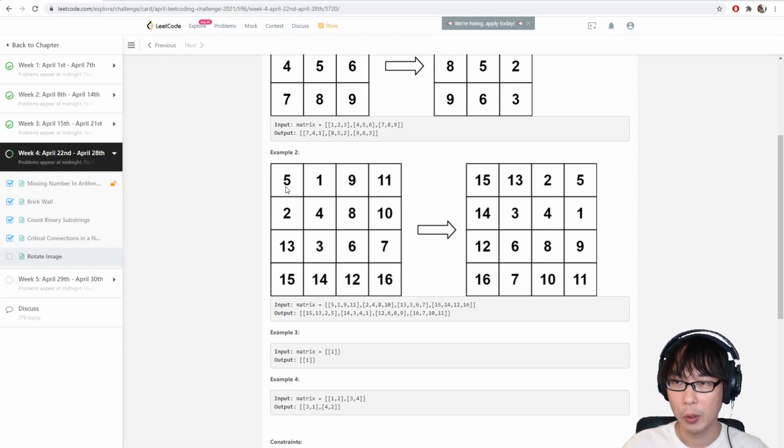If I only have one temporary integer to save the value, if I save 5, I can move this to here. If I save 11, I move this to here, and then I save this one, and then I move the 11 to here. Okay, so that's the first one.